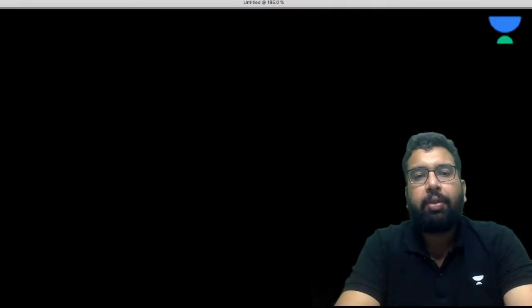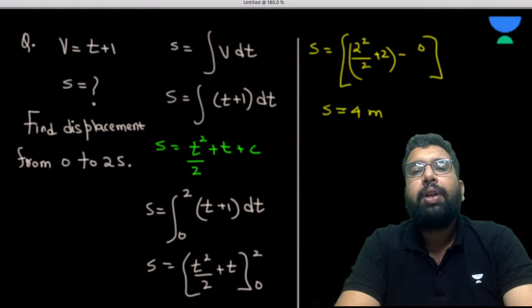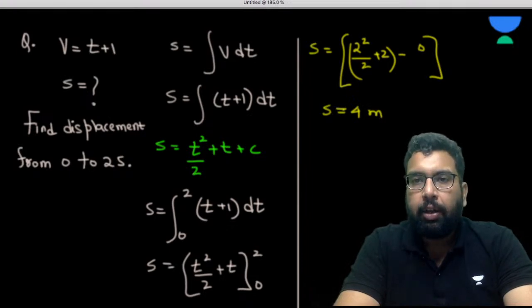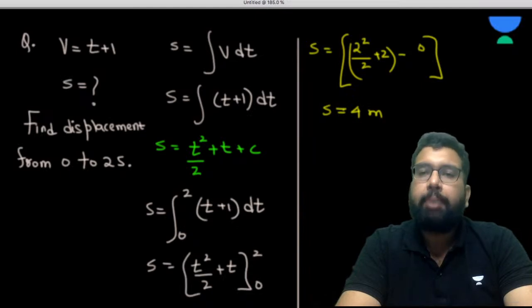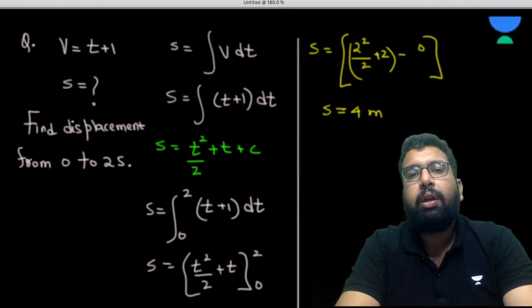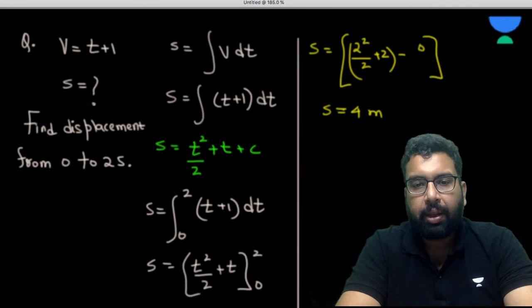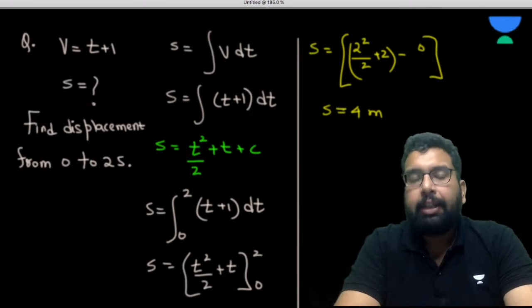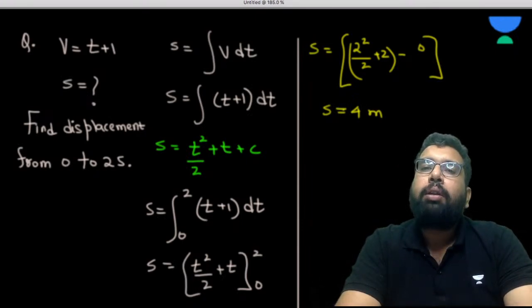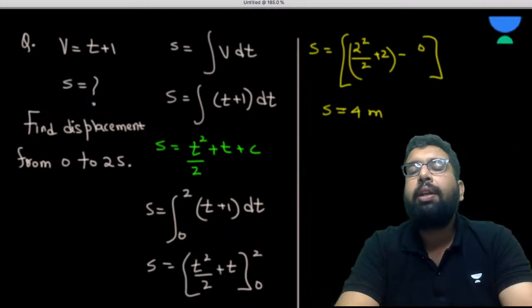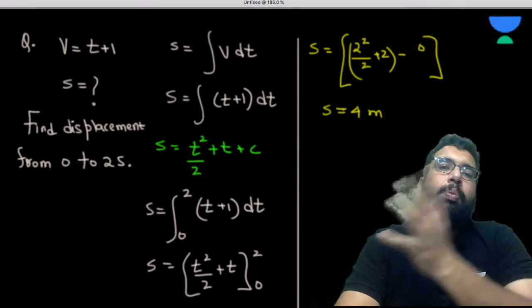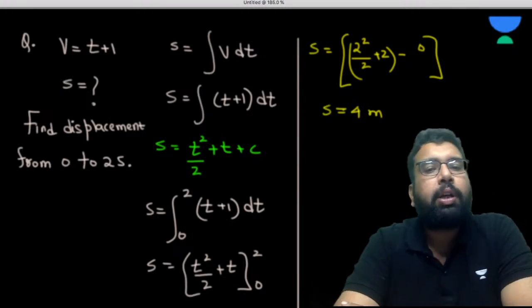The first thing we did was integrate the function of velocity, and when we integrated without the limit, we get the constant of integration. Then we were asked to find the displacement between 0 to 2 seconds, so we had limits. When we put the limits, there is no constant of integration.